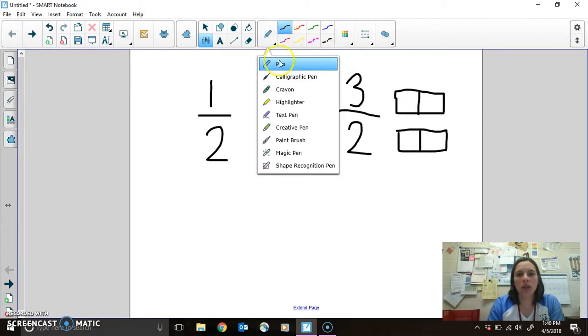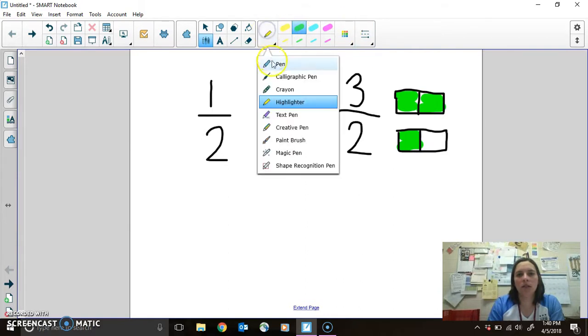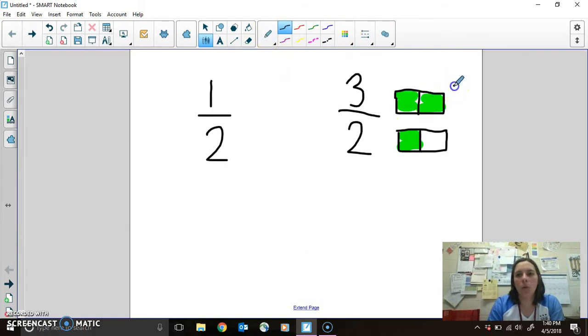And now I'm going to shade 3 of my halves. So there's 1/2, 2 halves, 3 halves. Notice I have 1 whole shaded and then half of my second whole shaded.